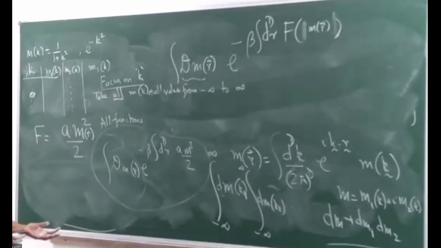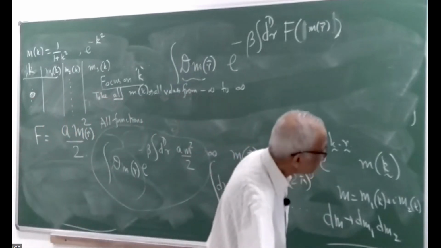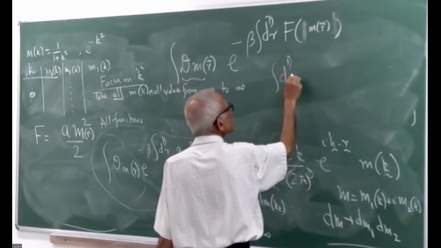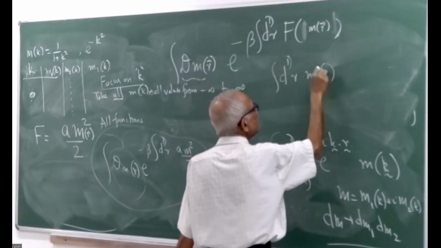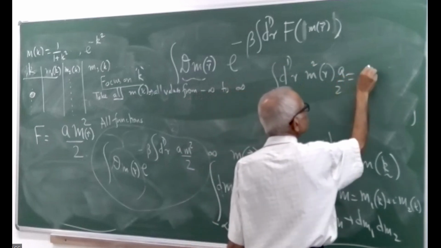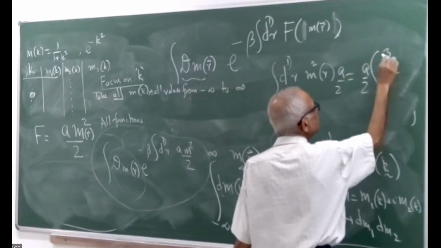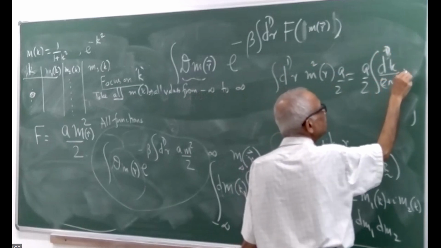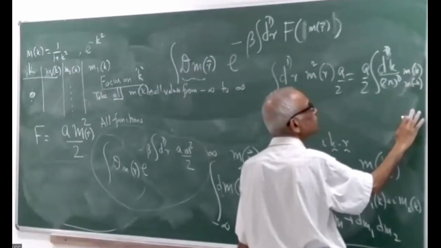And why is this possible? Well, I better tell you why it's possible. That's because the integral dr of m of r square, times a by 2, is equal to a by 2 integral dk by 2 pi of m of k times m of minus k.